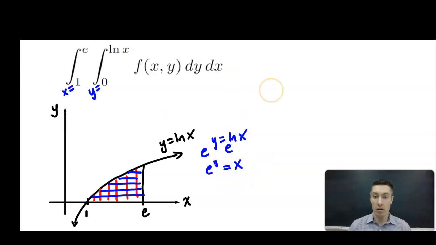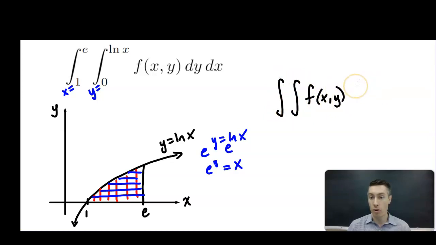So we can now start to set up our new double integral. Same function, f of x y, new order, so dx dy. On the left side, we're bound by e to the y. On the right side, we're bound by e, so x goes from e to the y to e.